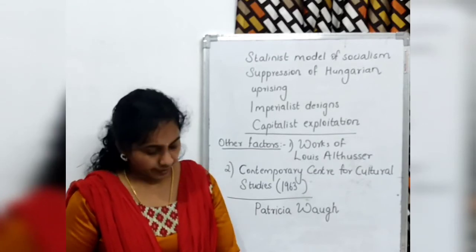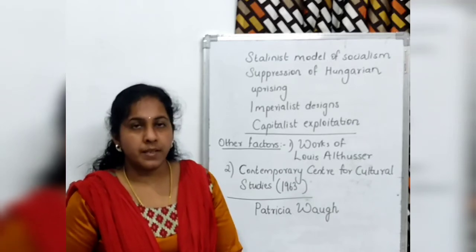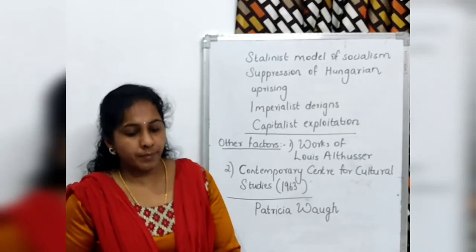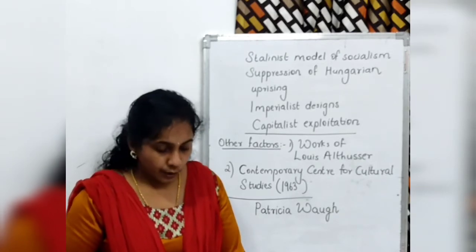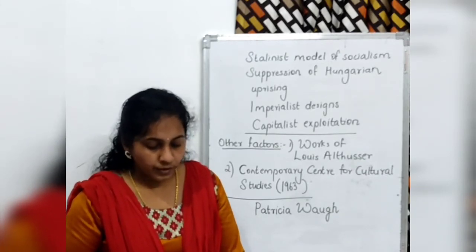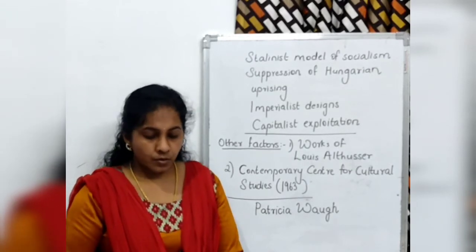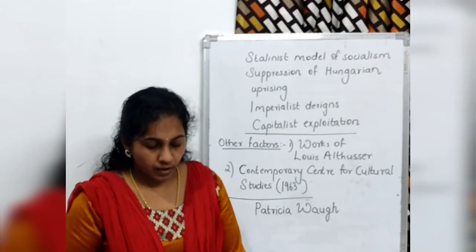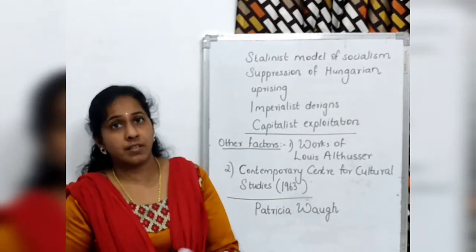They were not satisfied with the Stalinist model of socialism. Stalin was a dictator of the USSR. USSR is the Union of Soviet Socialist Republics.